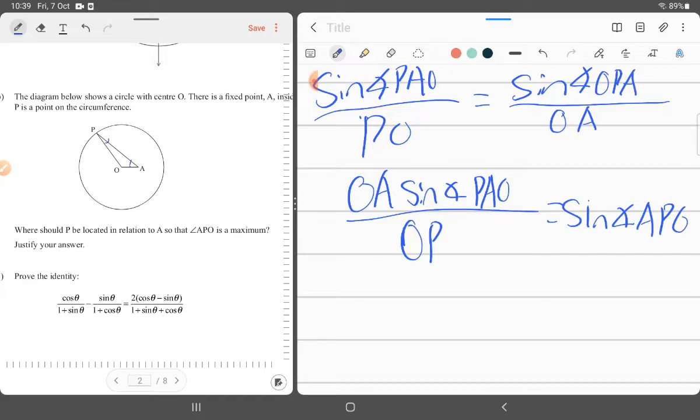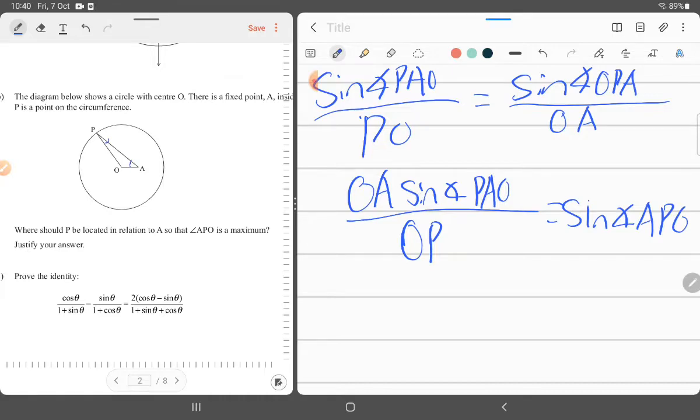And actually, we want sine APO to be a maximum, but OA and OP are the same.